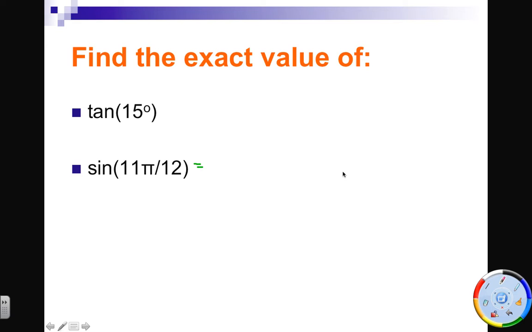What if I had some sort of fourths and thirds? These ones are hard, right? And you're trying to split up 11 pi twelfths as the sum of two different things.